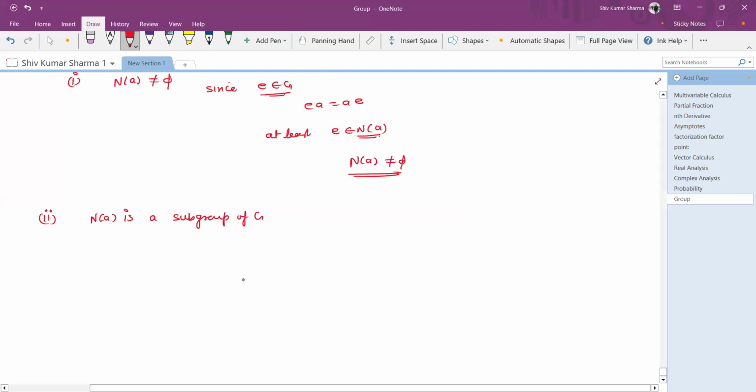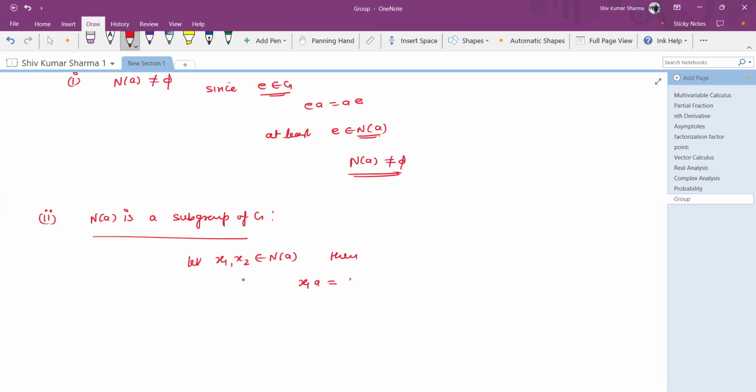For proving subgroup, we take two elements x1 and x2, both belong to the normalizer of A. Then by definition of normalizer, we can write x1A equal to A into x1. This we take as equation 2, and x2A is equal to A into x2. This is equation number 3.